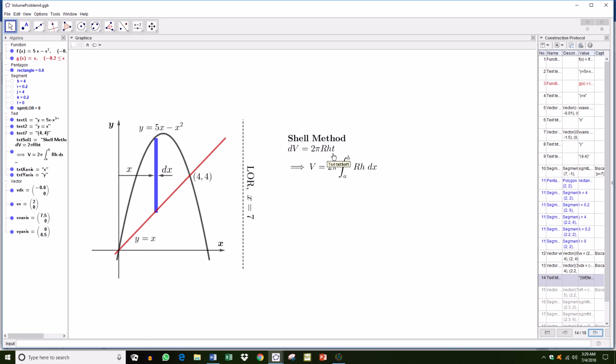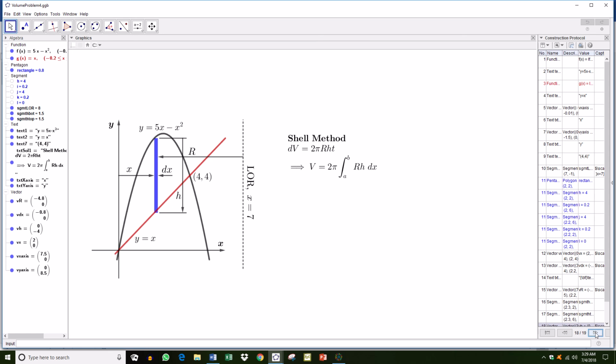R is the distance from the line of revolution to the rectangle along the horizontal direction here. h is the height of the rectangle, so that distance, and t is the dx.